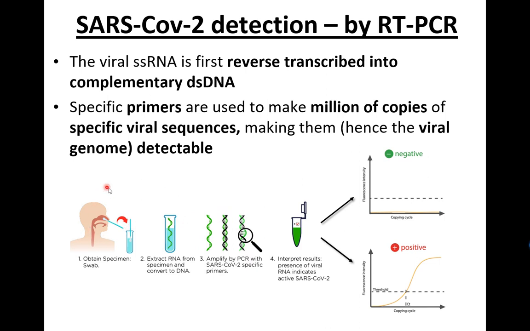So this will be your sample taken from your nose, not a pleasant type of test. If the virus is present, you would have the single-strand RNA genome coming from SARS-CoV-2. This will first be copied into complementary DNA, and then this is tested by PCR for the presence or not of the virus.